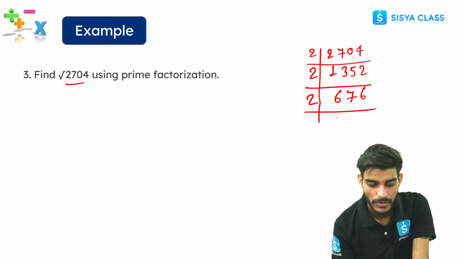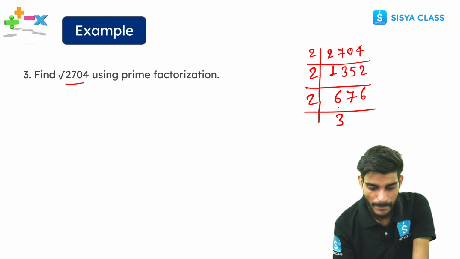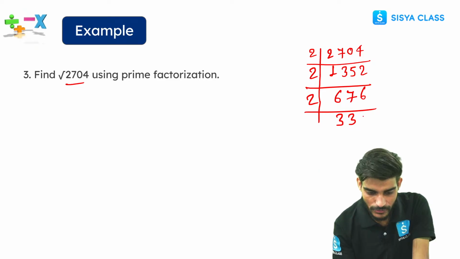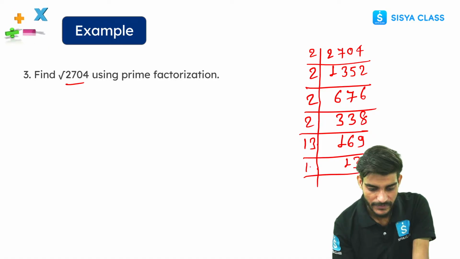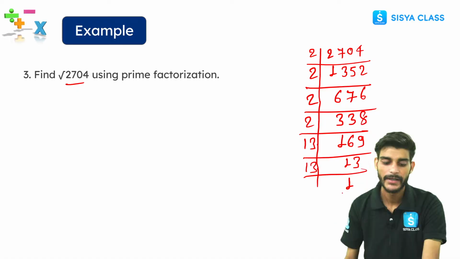Once again with 2, 2 3s are 6, 2 3s are 6, 2 8s are 16. With 2, 2 1s are 2, 2 6s are 12, 2 9s are 18. 13, you can write here 13. Please verify it. 13 into 13 is 1.